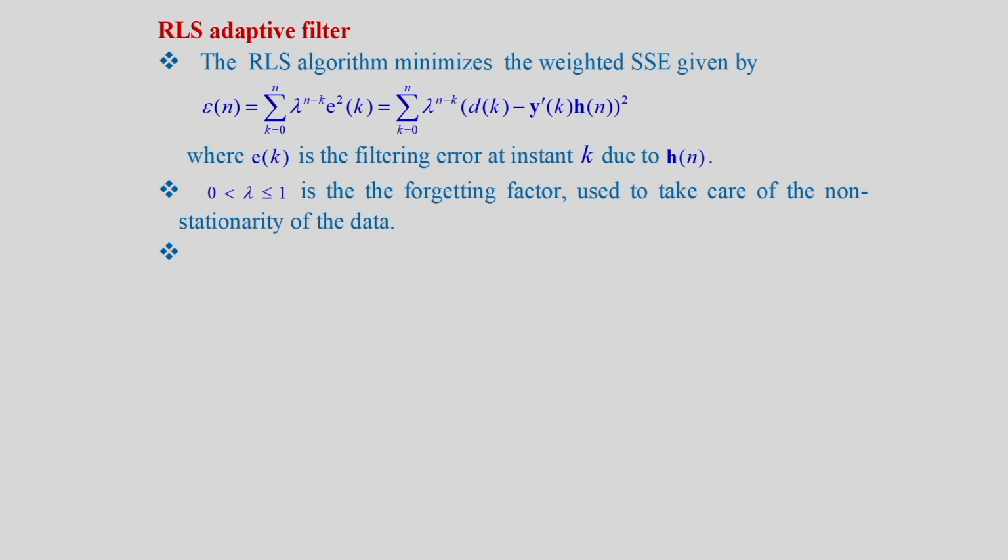We got a corresponding normal equation by filtering, that is del epsilon n into del Hn, that is equal to 0. So, from this we got the matrix form of the normal equation, which is solved by the matrix inversion lemma.